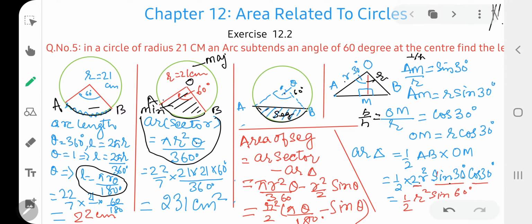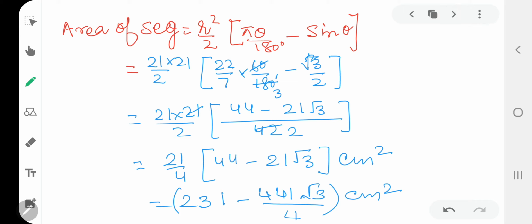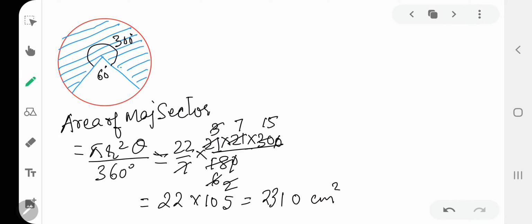Now children, we will start solving the area of the segment. Let's move ahead and find the area of the major sector. As I told you, the area of the sector is pi r square theta by 360 degrees.